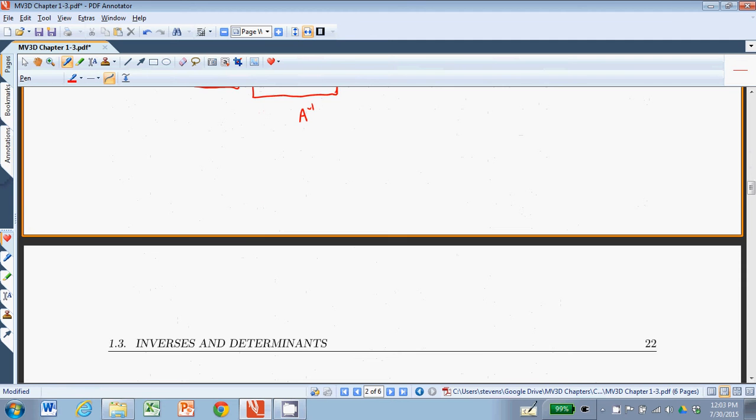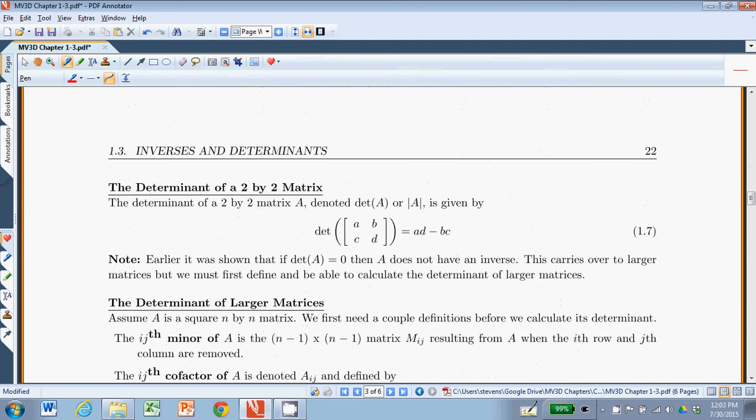As I just mentioned a couple minutes ago, the determinant of a 2 by 2 matrix determines whether or not the matrix has an inverse. We're going to be taking determinants of all matrices. The notation will be det A, for determinant of A, or we can also use the absolute value representation. When you see the absolute value of A, remember that doesn't mean the absolute value you're used to taking with respect to real numbers.